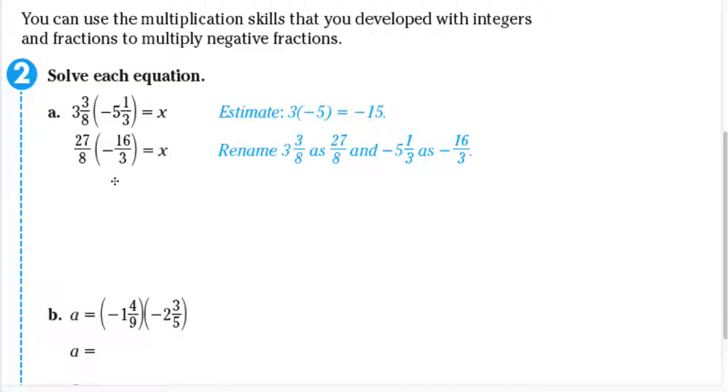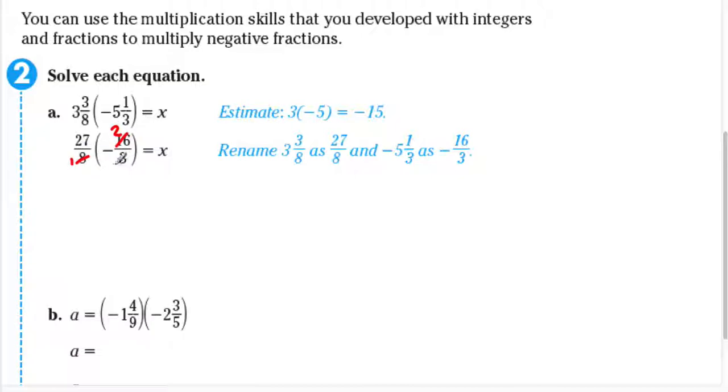Now we can multiply. After renaming them, we can find the GCF. Look at 8 and 16. 8 and 16 have a GCF of 8, so we divide by 8. 8 divided by 8 is 1, and 16 divided by 8 is 2.